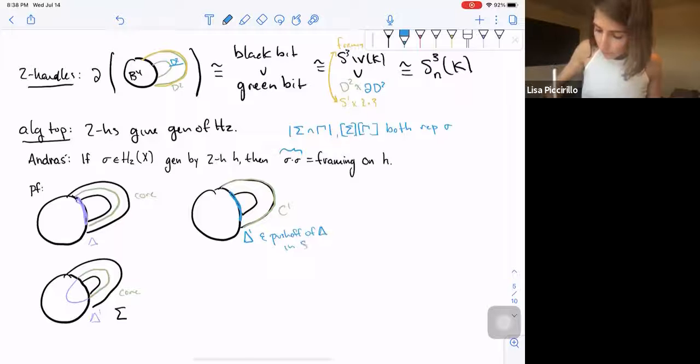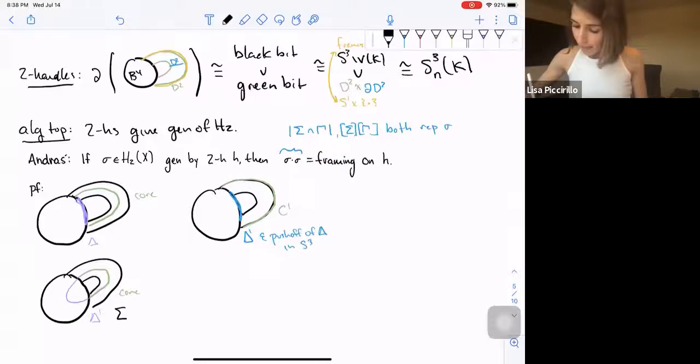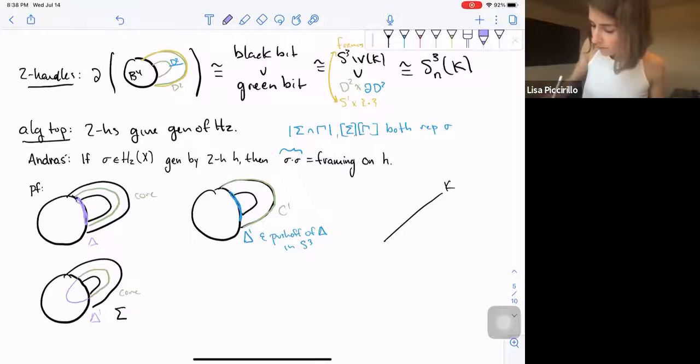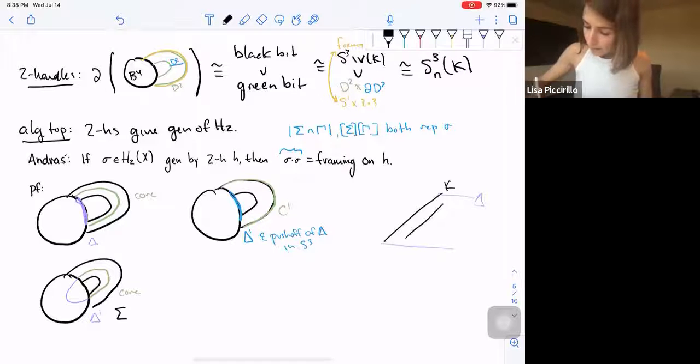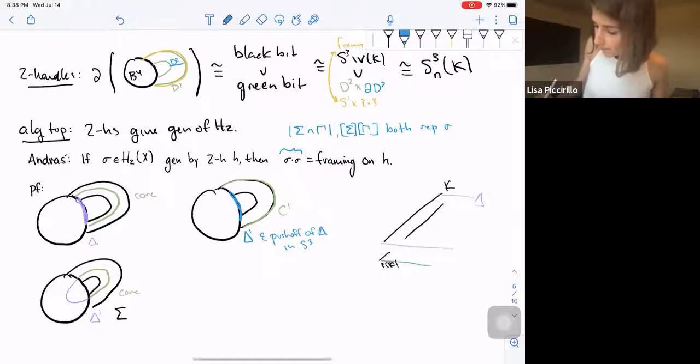But I want to emphasize that I'm doing this push-off in S3. So in S3, if what I had before was my knot K and the Seifert surface delta running off from it, then this surface delta prime has boundary epsilon K, and it runs parallel to it.